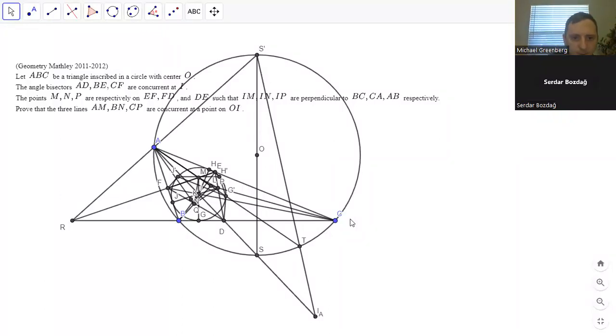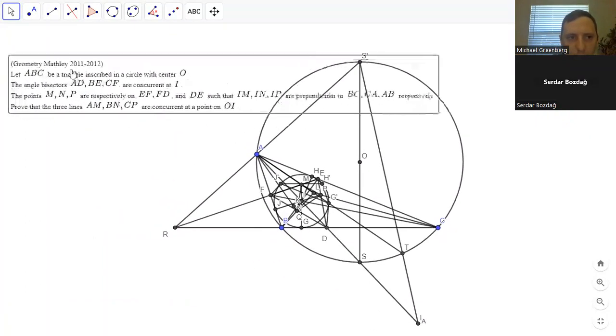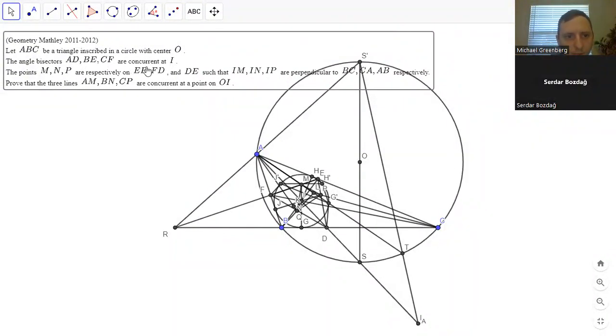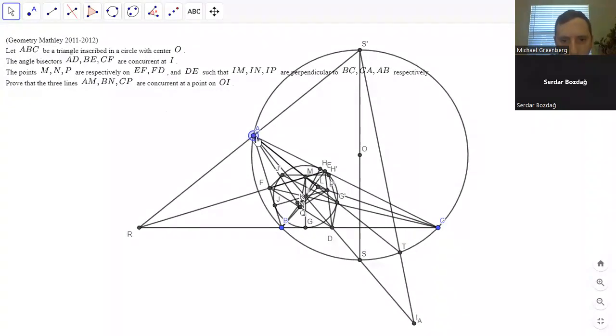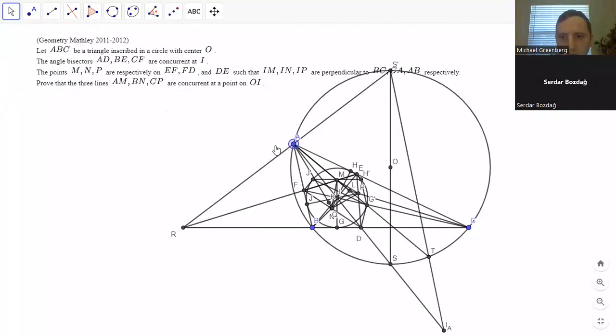Let me write it in the chat. All right, I'll type out the proof that these are concurrent. And then you could type out the proof of the second part.